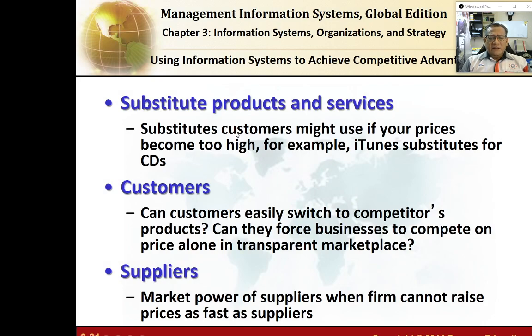On top of that, Malaysia Airlines also has the substitute product and services, as I had explained earlier. There are substitute service for Malaysian Airlines, which is served by perhaps Malindo Air, perhaps by Firefly, or perhaps by Air Asia, for example. Okay, so the basically forces is customer.